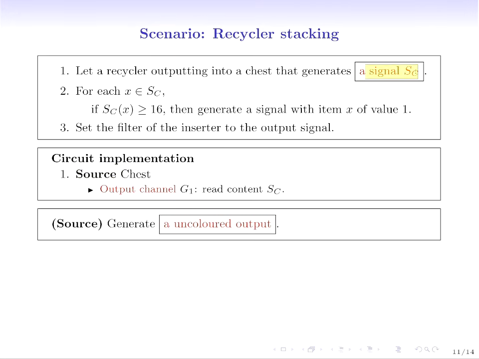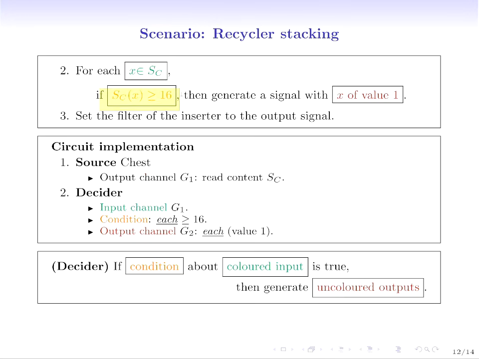The signal of the content of the chest would be an output of this source. Recall that a source generates an output that's uncolored. We have to route this output somewhere using some wire. So let's just take a green wire and connect to this output, which we call channel green 1, G1.